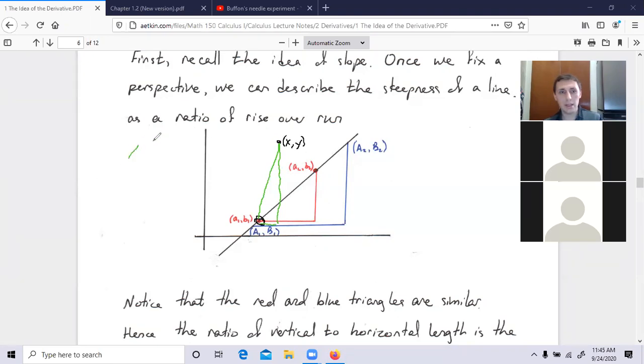I would say this: y, that's this y, minus b1, that's this point, divided by x minus a1.